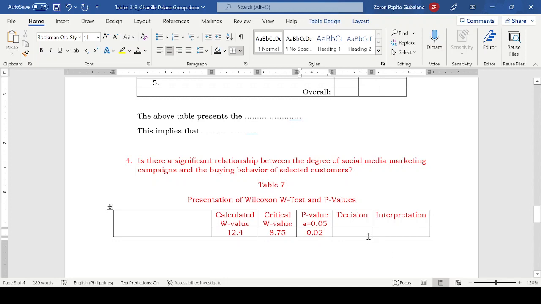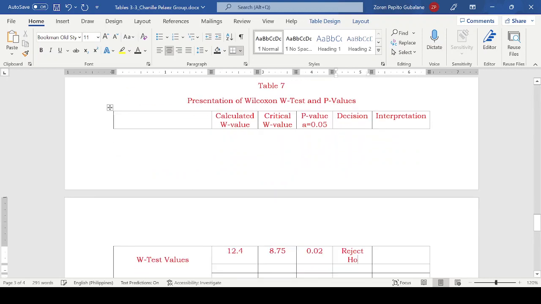Okay, and then this portion is allotted for the decision. Decision refers to whether you reject or whether you accept.